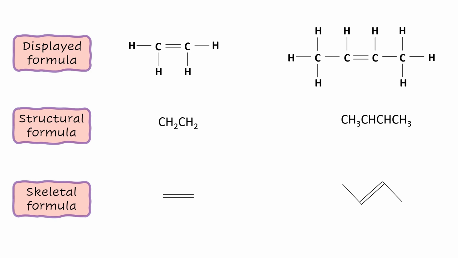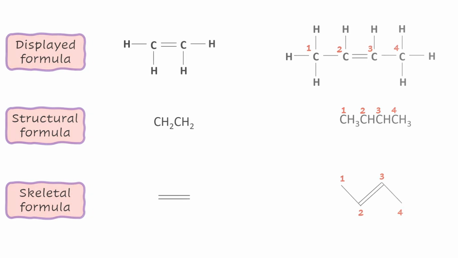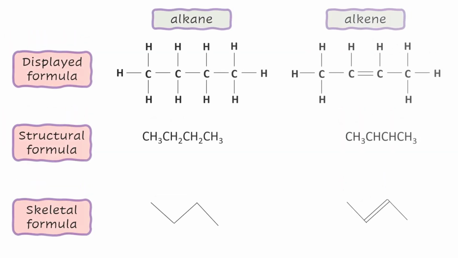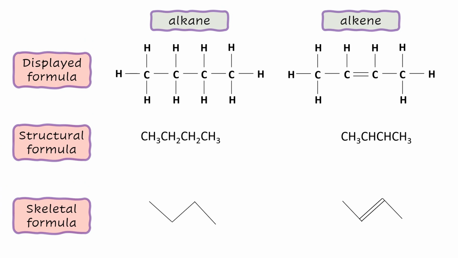If you carefully look, the position of the double bond is the same in all 3 formulae of an alkene with 4 carbon atoms that are between the second and third carbon atoms. The position of a double bond and functional group will be discussed in detail in the naming of organic compounds.